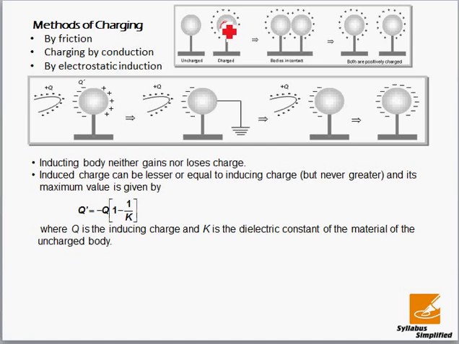So if it had a charge q, after separation this will have q divided by 2, and this will also have a charge q divided by 2.